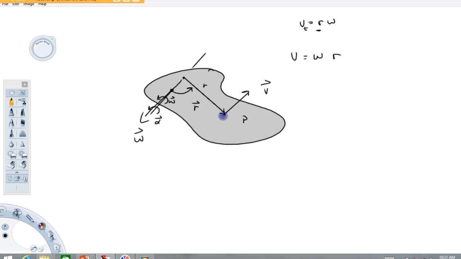Your thumb would be pointing in the direction of this velocity vector. It's kind of hard to describe in 2D. But long story short, your tangential velocity vector at a point P can be given as the angular velocity vector crossed with the position vector. This is just the vector way of doing this same calculation.